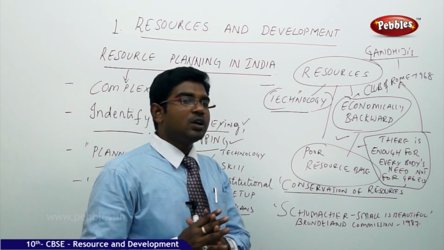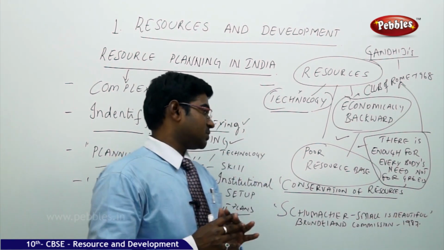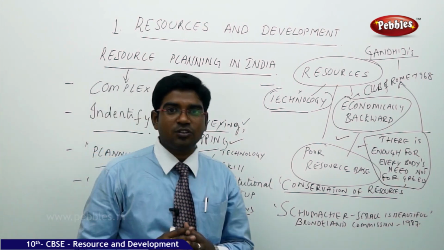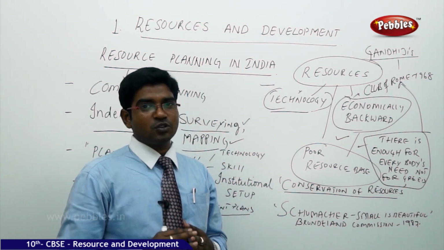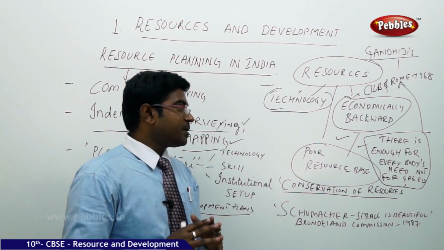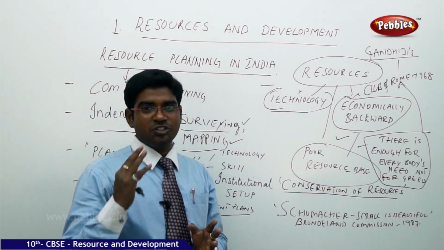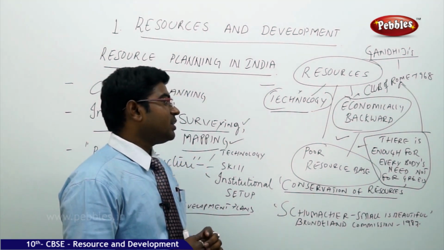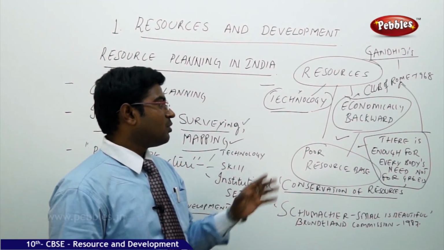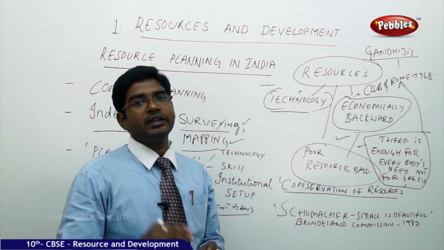And when it comes to conservation of the resources, how can we protect our resources? How should we use our resources? We already discussed that we need to utilize our resources very carefully and judiciously. Gandhiji expressed the same views when he was speaking on development.